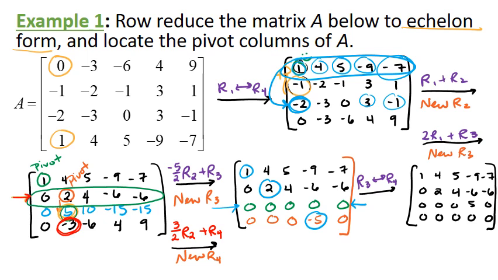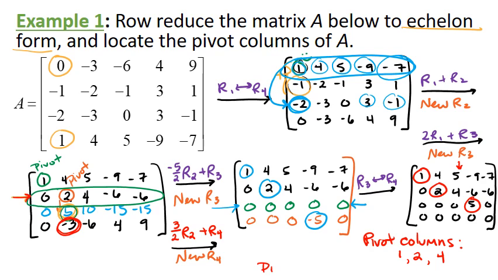So looking at this, this is a pivot, this is a pivot, and this is a pivot. So I have 3 pivots, and my pivot columns are 1, 2, not 3, and 4.